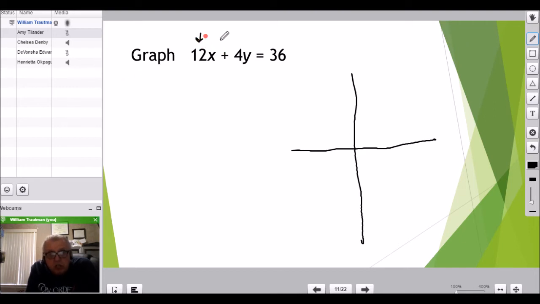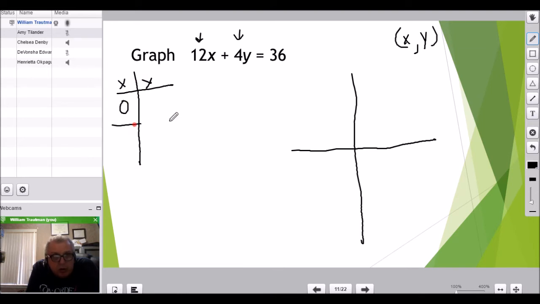Because 12 goes into 36 evenly and 4 goes into 36 evenly, I can use that method. Or you can just find any 2 points, any 2 x and y's that you can come up with. So I'm going to use the intercepts. Here's x and y. I'm going to use a t-table. First, I'm going to put a 0 into the x.